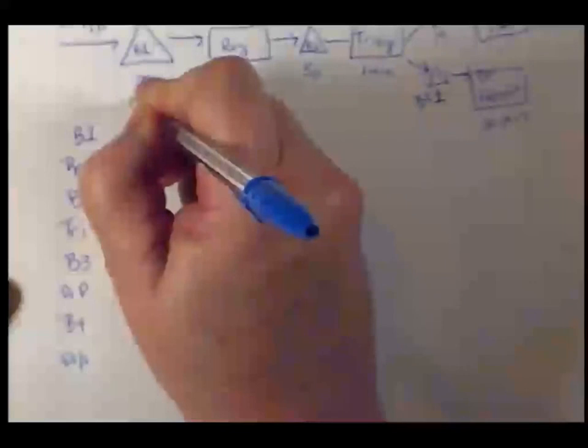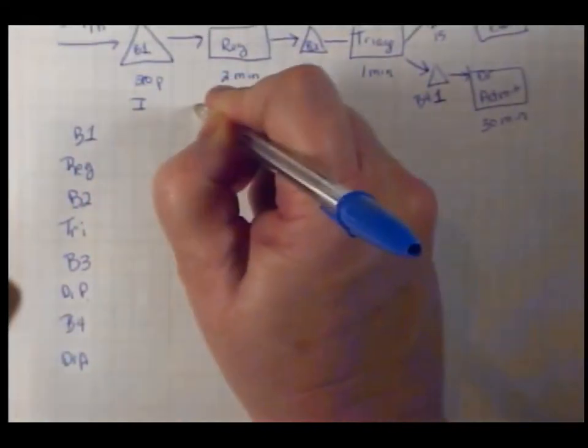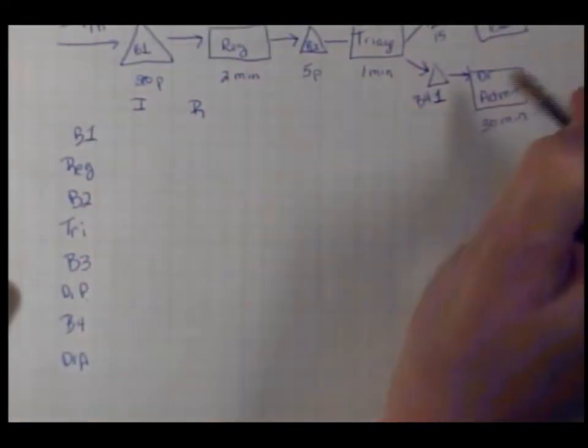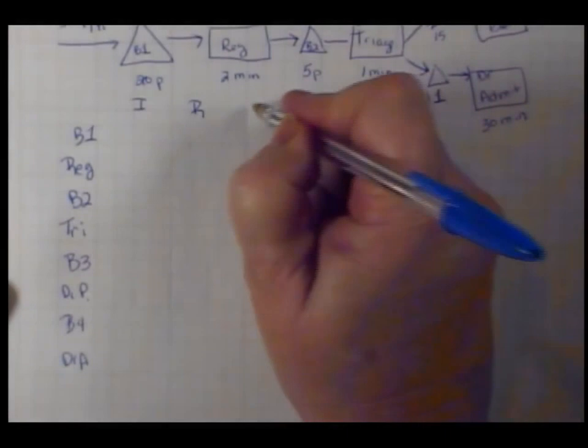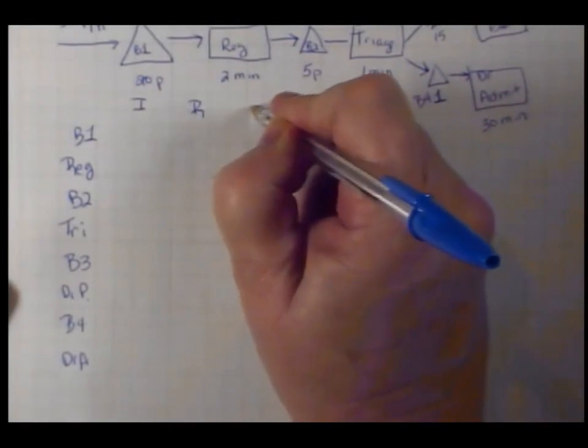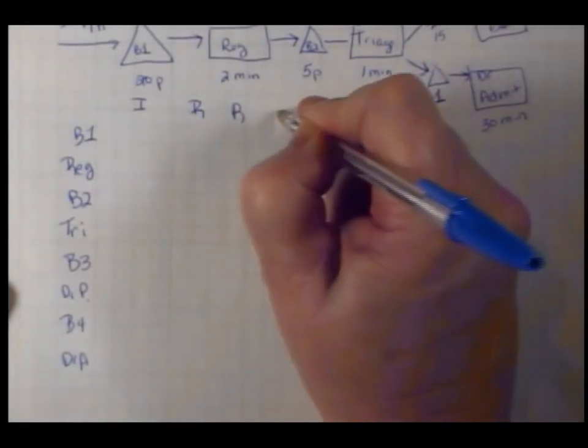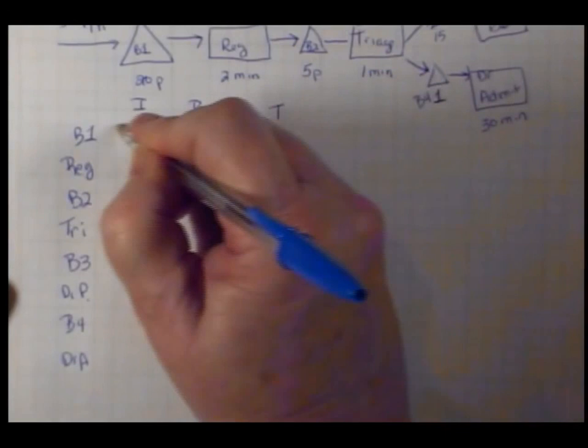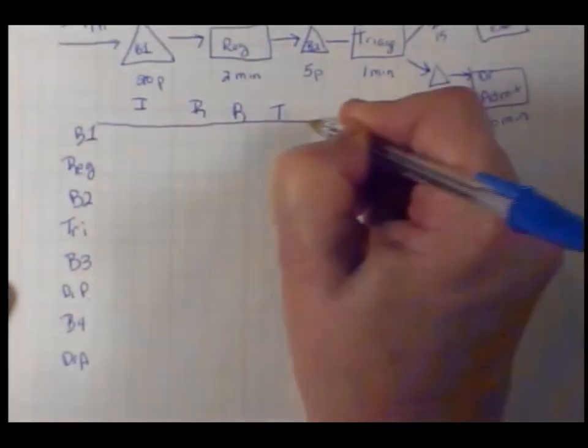And at the top, I need to put inventory, throughput. And again, my throughput is in patients per hour, and my flow time is in minutes. So I need 2 columns for my throughput, and I need 1 column for my flow time.